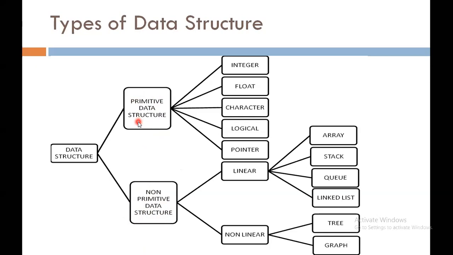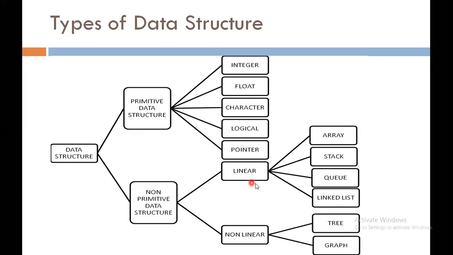Primitive data structure is divided into 5 types: integer, float, character, logical, and pointer. These categories are just like the data types of any language. The second main category is non-primitive data structure. It is again divided into two parts, linear data structure and non-linear data structure.